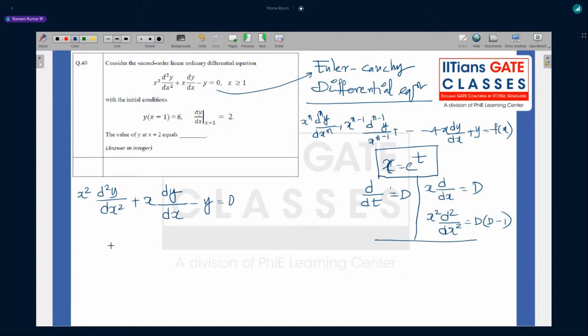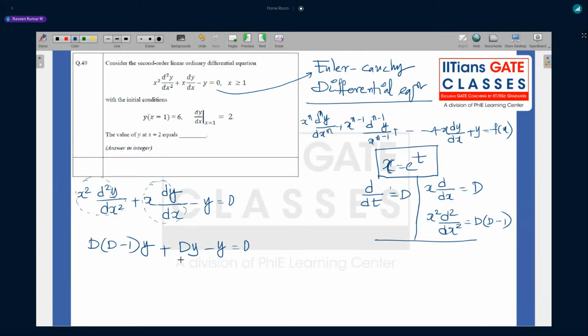So x square d square y by dx square I can write as D into (D minus 1) acting on y, plus x dy by dx, which we simply denote as D y, minus y. That's it. From here you can solve it as normal.